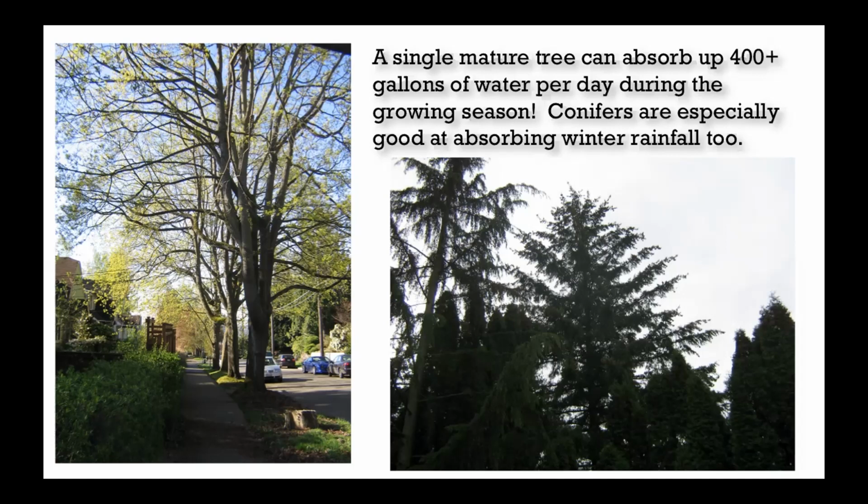And then during the growing season, deciduous trees drink up and absorb an enormous amount of water, and their root system in the soil can actually slow the water down as it moves through the soil as well.